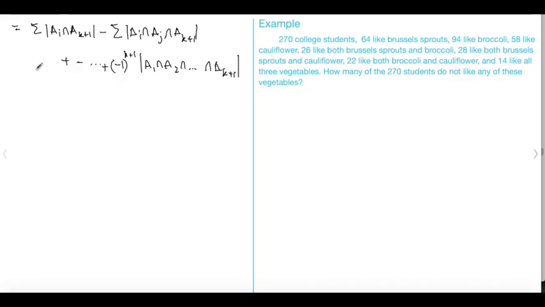Now let me write this one with the full story here. What we want to do is B union AK plus 1.